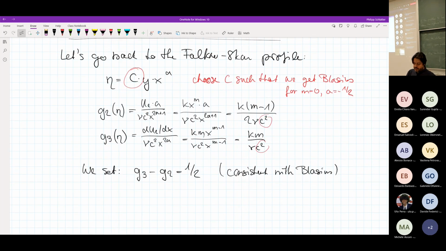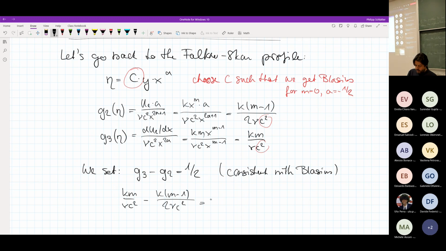So if we manage to set the c in such a way that G2 and G3 have this relation with each other, then we have obtained the goal of being consistent. In our case, we get km divided by nu c squared, that's G3, minus G2, which is k(m minus 1) divided by 2 nu c squared.